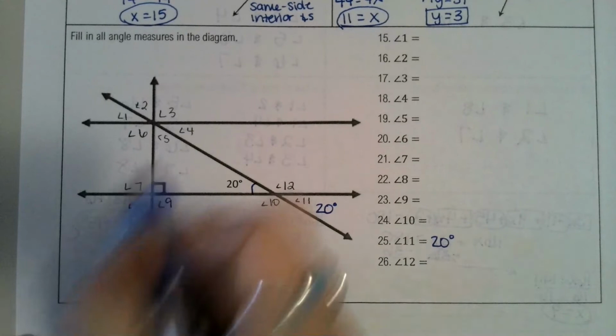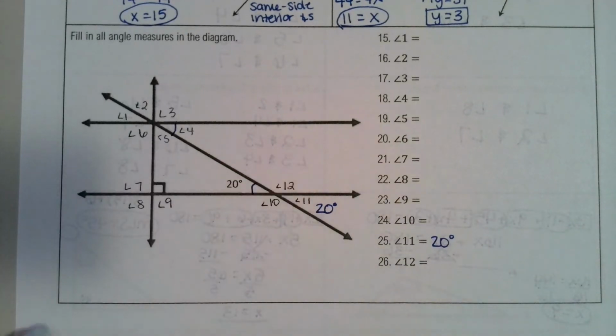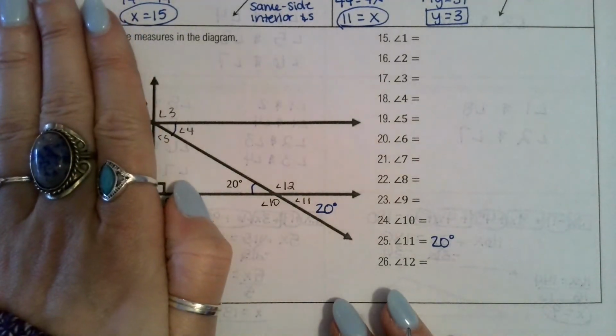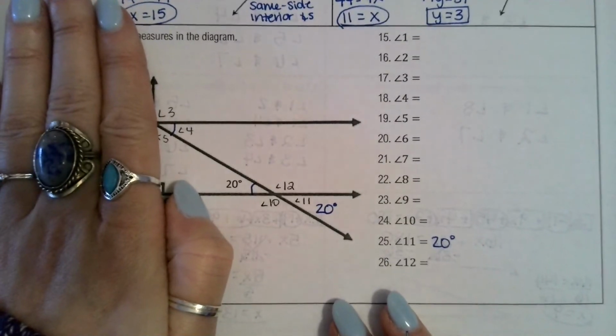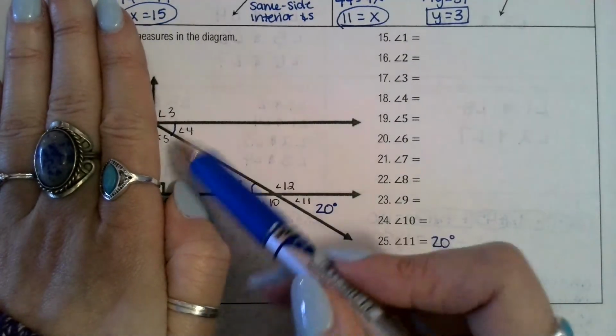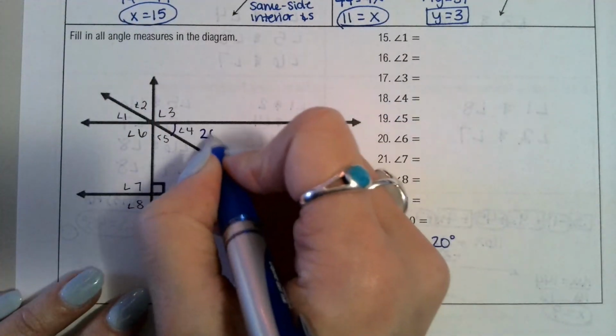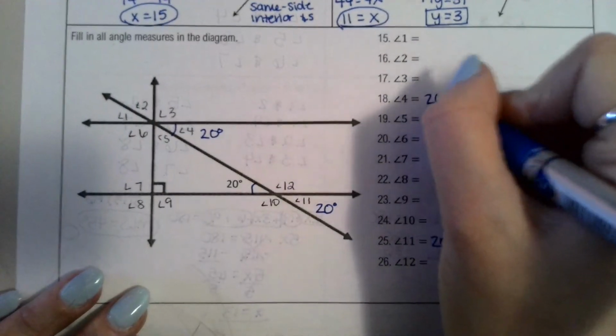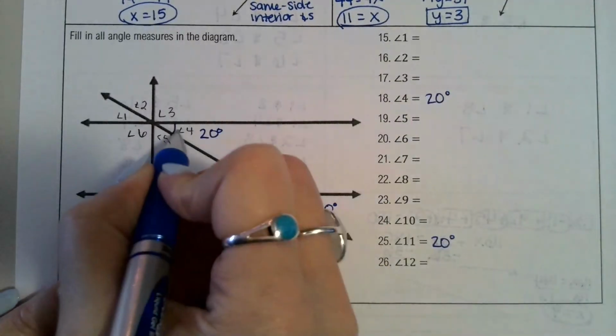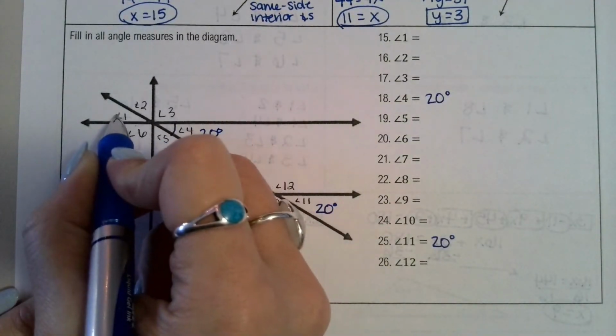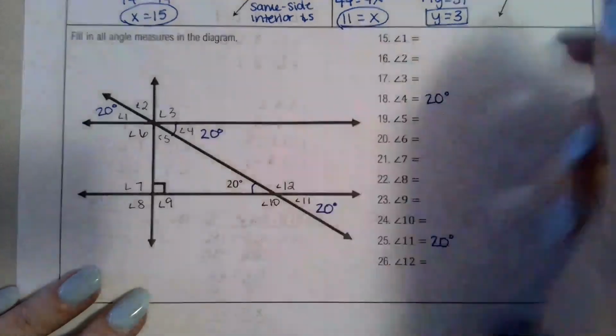This angle and angle 4 are, if I cover this up, alternate interior angles. Or angle 4 and angle 11 are corresponding, which means angle 4 is also 20 degrees. And the angle that is vertical from angle 4 is angle 1, also 20 degrees.